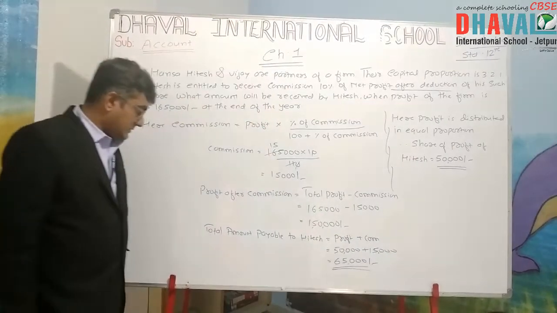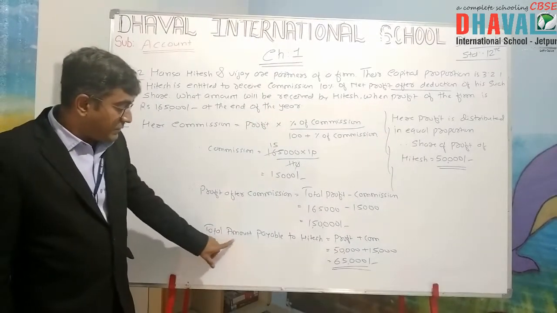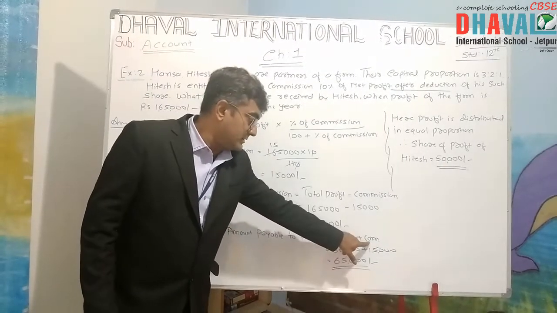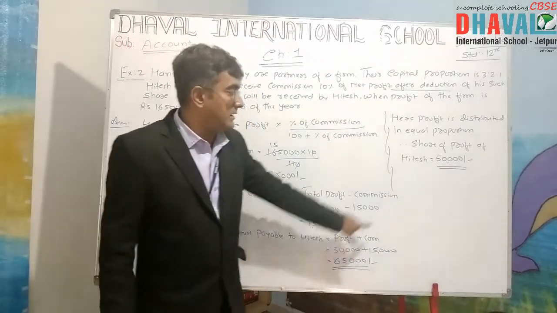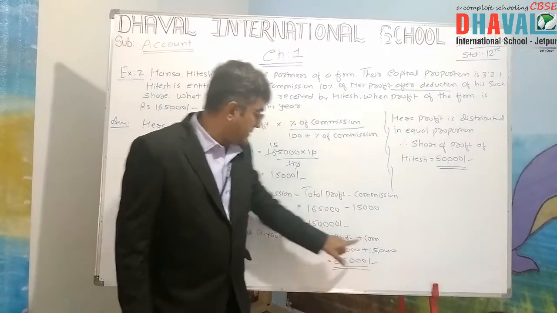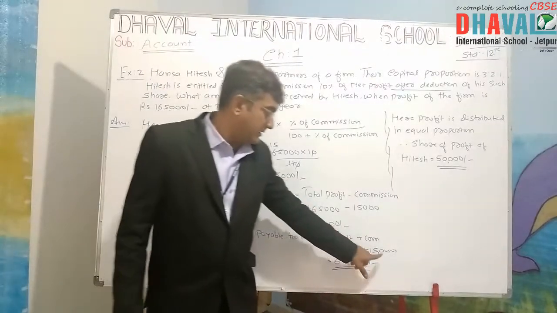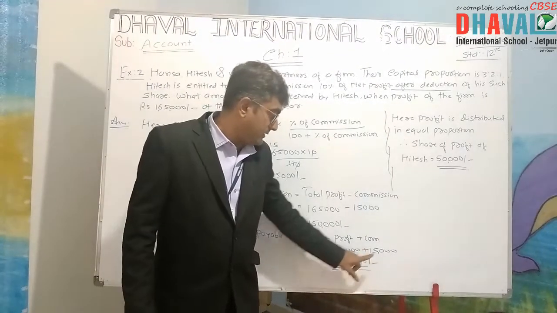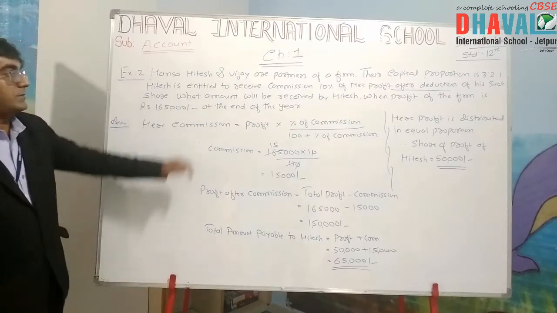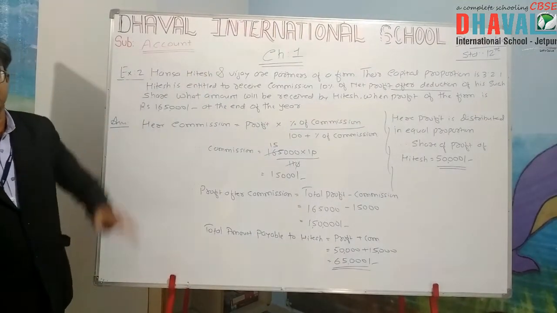Now at last we find the total amount payable to Hitesh, which equals profit plus commission. Profit Hitesh gets 50,000, plus commission 15,000, so you get the net amount payable to Hitesh as 65,000.